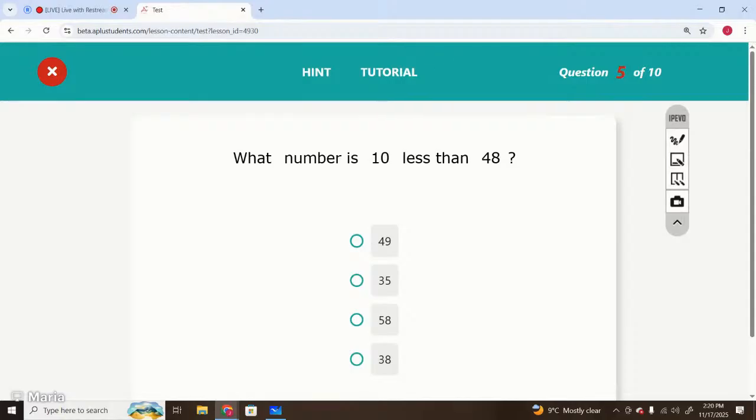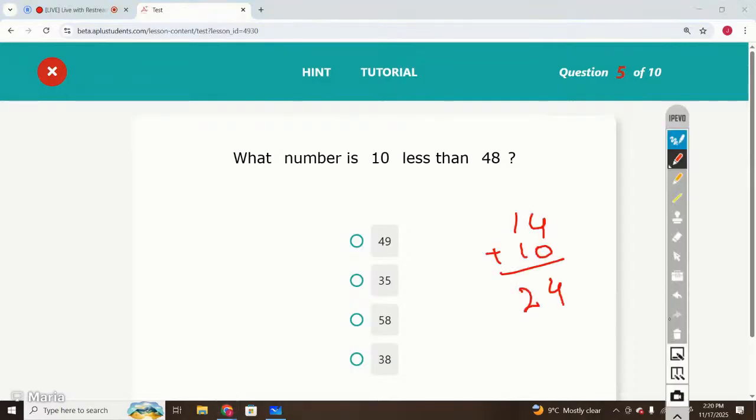Which number is 10 less than 48? So we need to subtract 10 from 48. So 48 minus 10. 8 minus 0 is 8. 4 minus 1 is 3.